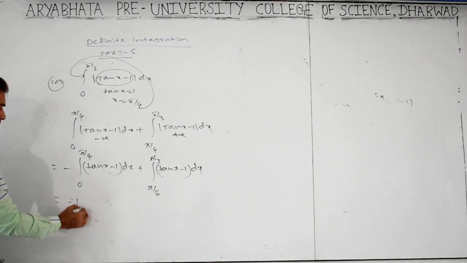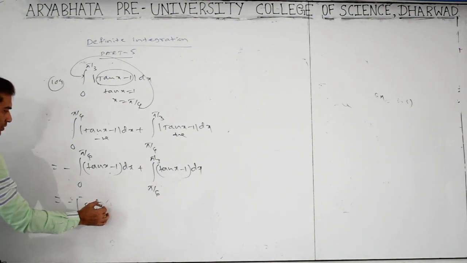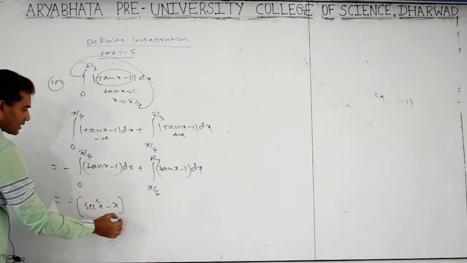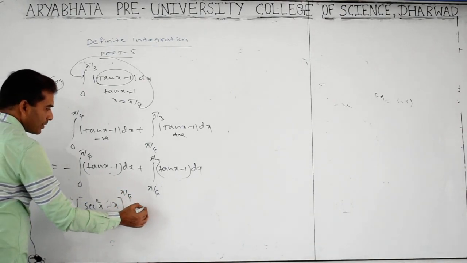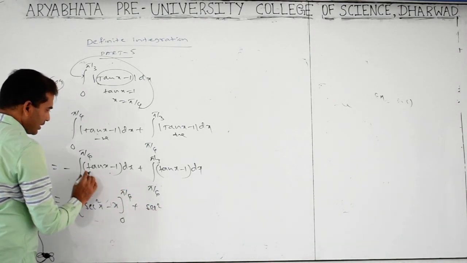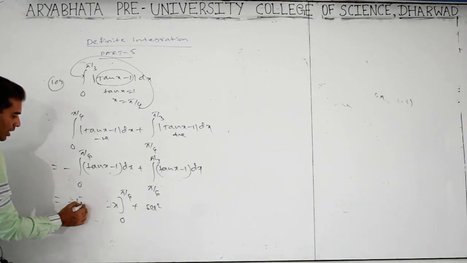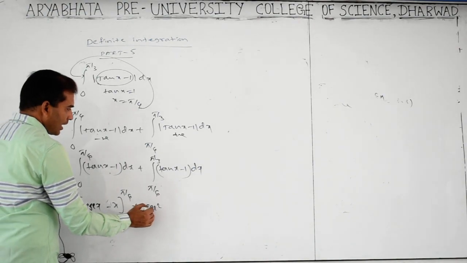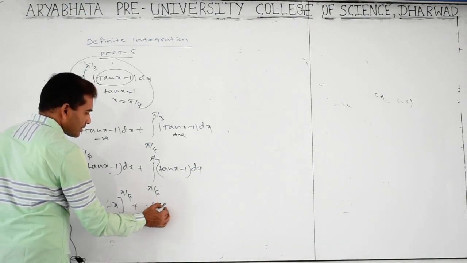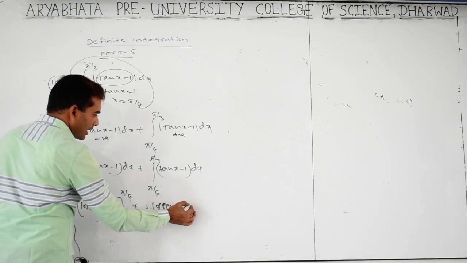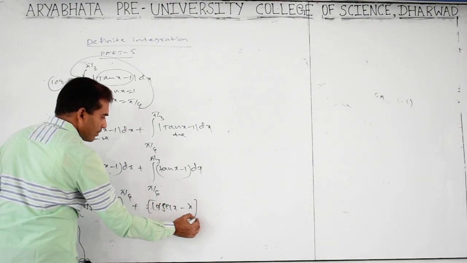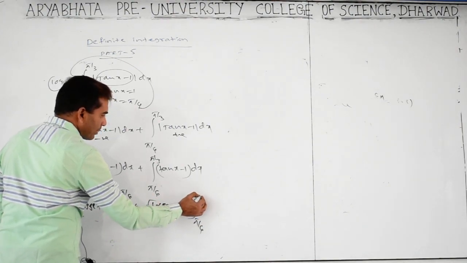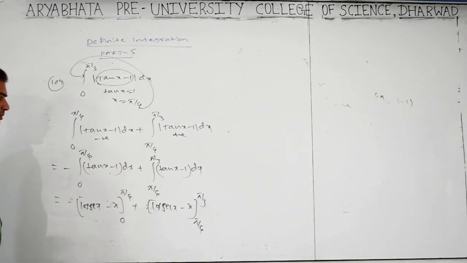The integration of tan x is log of secant x, and minus 1 integrates to x. So minus of log secant x minus x, limits 0 to pi by 4, plus log secant x minus x, limits pi by 4 to pi by 3. Apply upper limit minus lower limit.